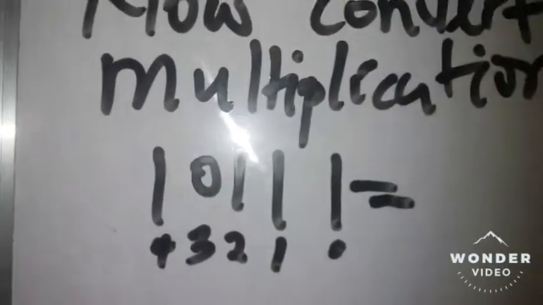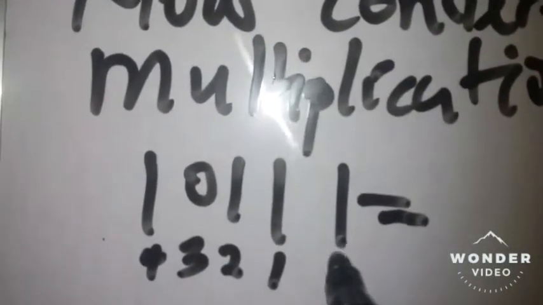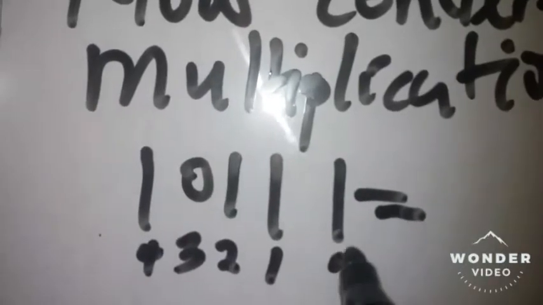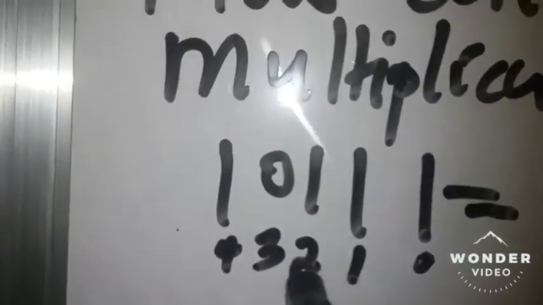I'll take it again. When you are converting to decimal by multiplication of 2, and we have 10111, the last number here is 0. Then 1, 2, 3, 4. What do I mean?